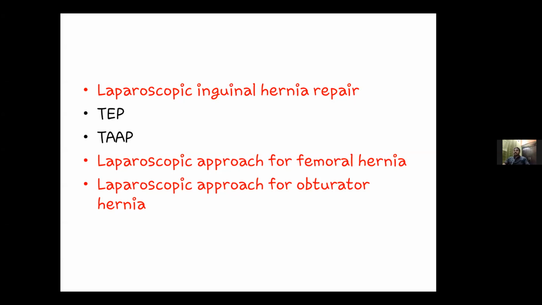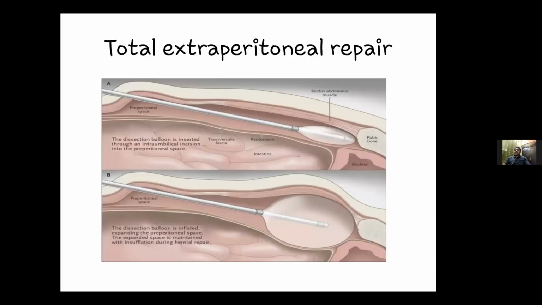In the total extraperitoneal approach, the surgeon creates a space deep to the rectus abdominis muscle to enter the preperitoneal space, and from there the dissection is carried out.